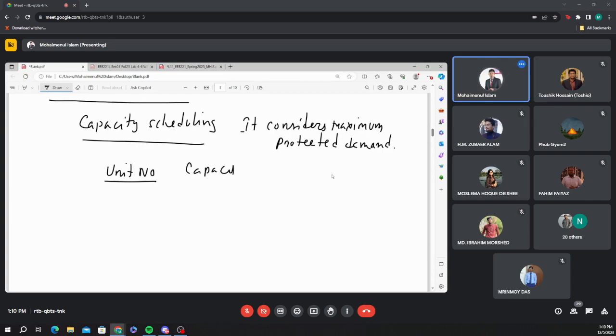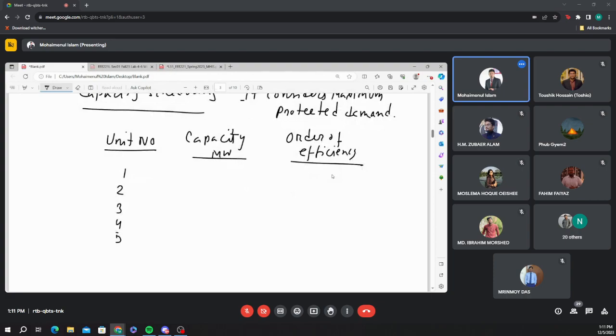They have some particular capacity in megawatt, and they have some order of efficiency, so you can schedule your plant. Suppose these are unit number 1, 2, 3, 4, 5, 6, 7. You have 7 units.